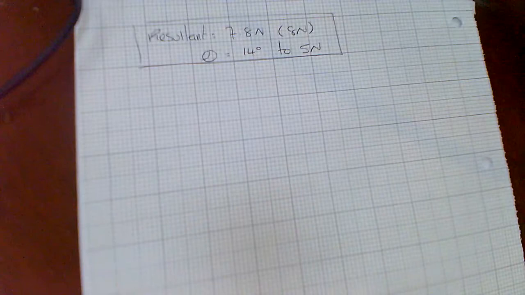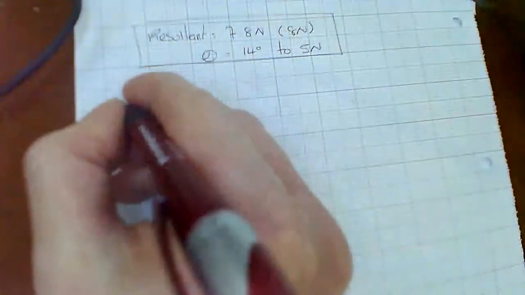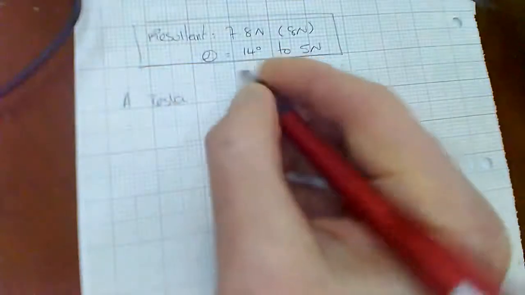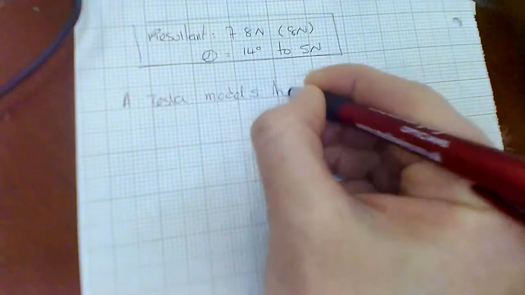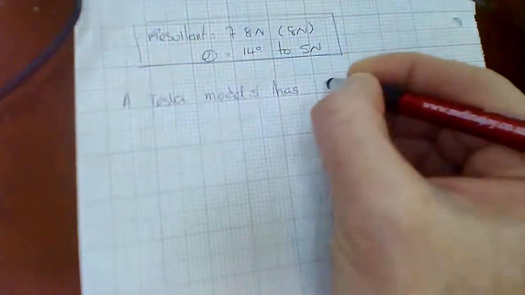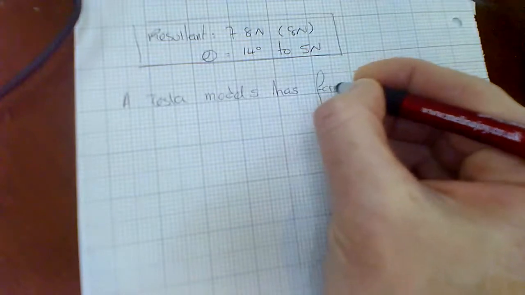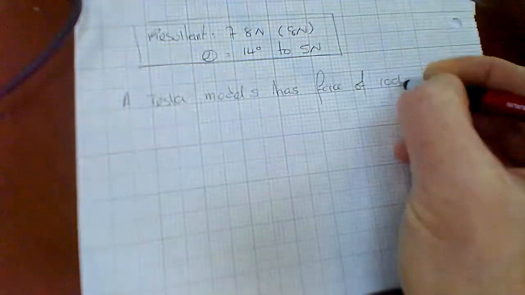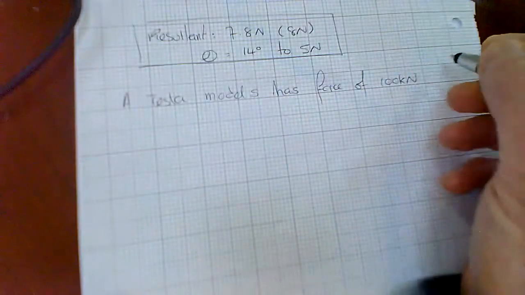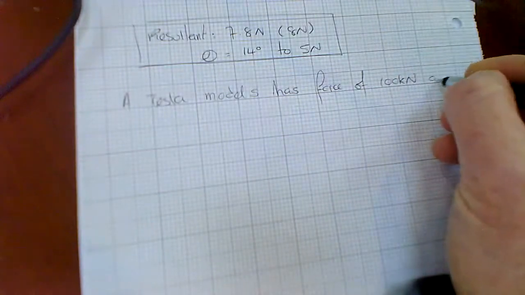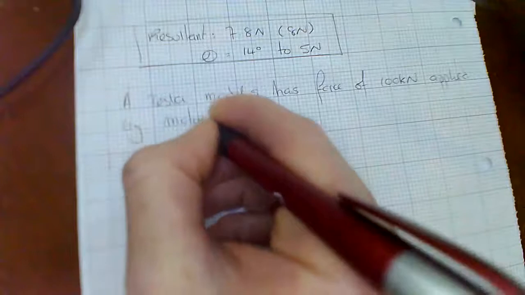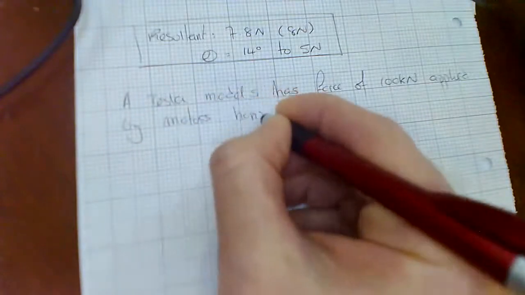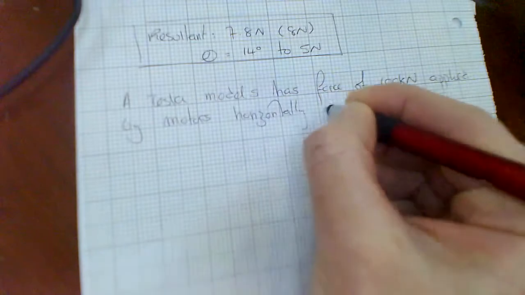Now let's take an example. Let's say a Tesla car, Model S, has a force of 100 kilonewton, 100,000 newtons, applied by the motors horizontally forwards.